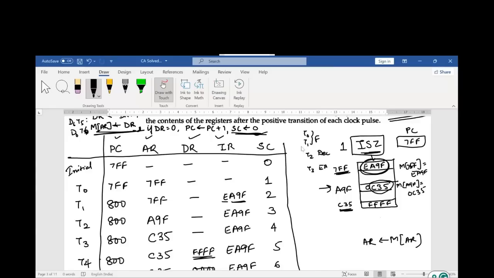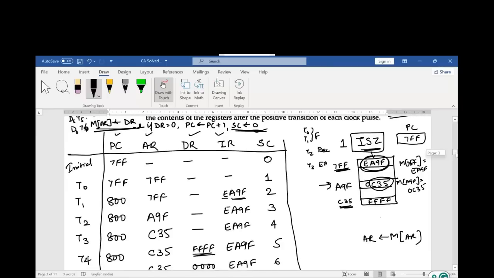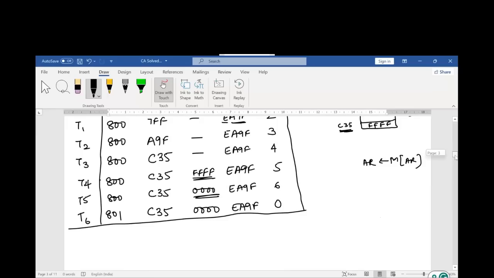From that you need to make out what instruction it is, and then we know the steps: the sequence of micro-operations that takes place for execution of each and every instruction. Accordingly, you have to write the contents of the different registers at different timing signals. I hope this question is understood. Okay, quickly moving to the next question.